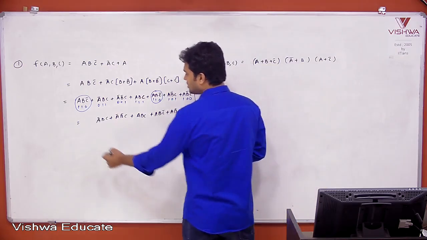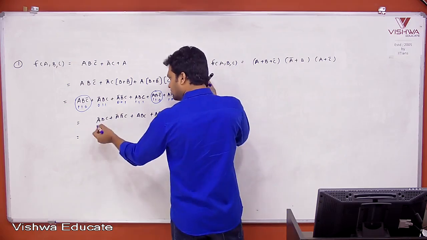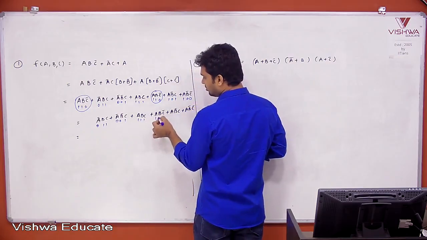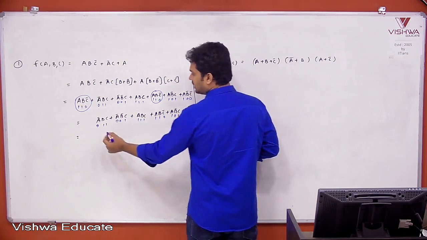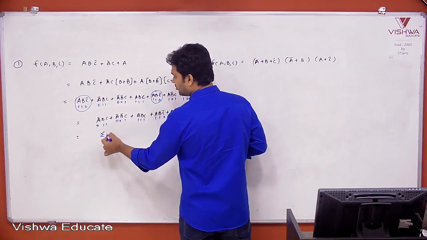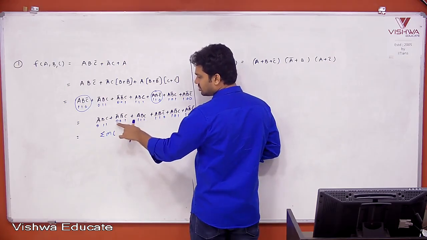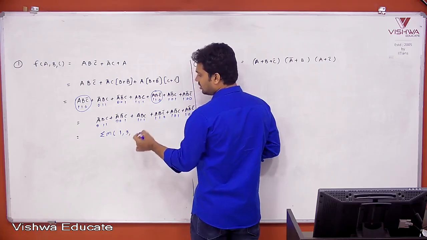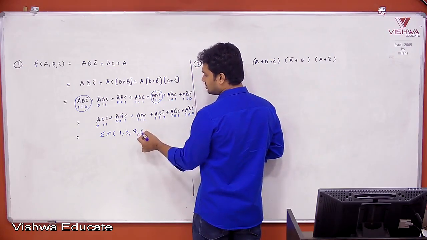Now it is equal to, another way to write it is 0 1 1, 0 0 1, 1 1 1, 1 1 0, 1 0 1, 1 0 0. So it is also equal to sum of minterms. What are the minterms? 0 0 1 means 1, 0 1 1 means 3, 1 1 1 means 7, 1 1 0 means 6.